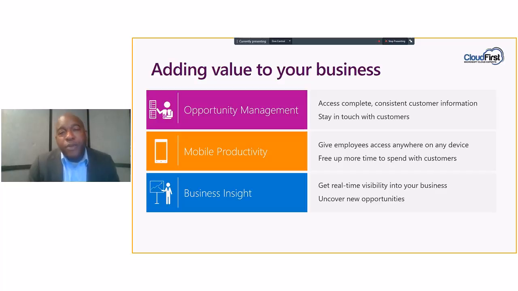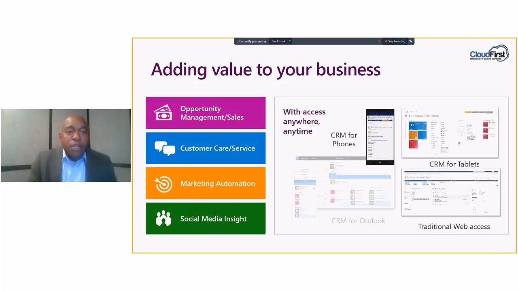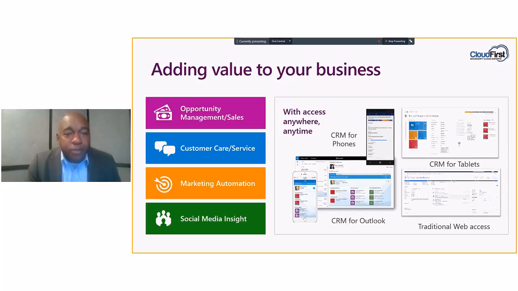And we talked about business insight, having the ability to have our business leaders, those who are taking the lead in the organization, to have visibility and to be able to uncover new opportunities. And then this can be accomplished by other resources within CRM, such as marketing automation and social media insights.